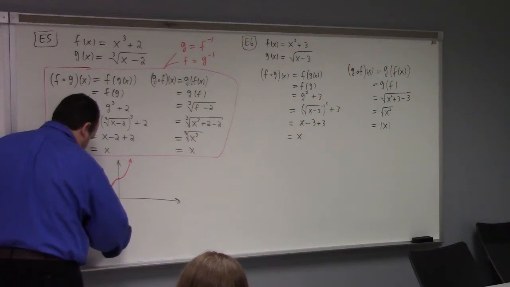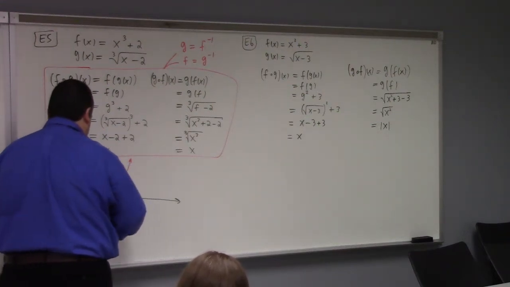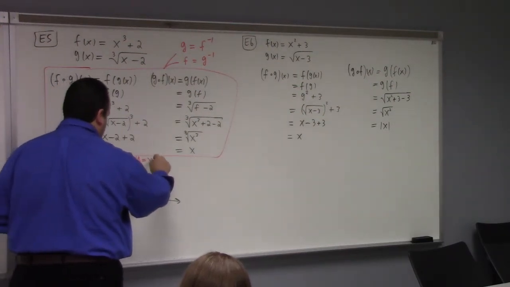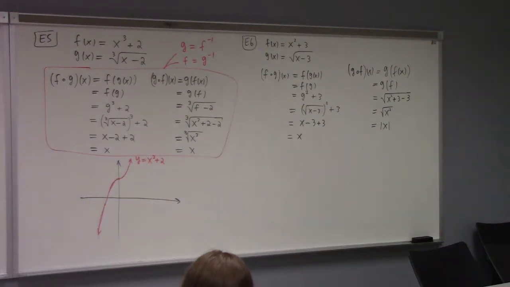I tried. Anyway, my simpler question to you, as you look at this red graph, is something pretty obvious: does it pass the horizontal line test? Yeah, it certainly does. This is a one-to-one function, which is why I was able to write down g of x, which is its inverse function.